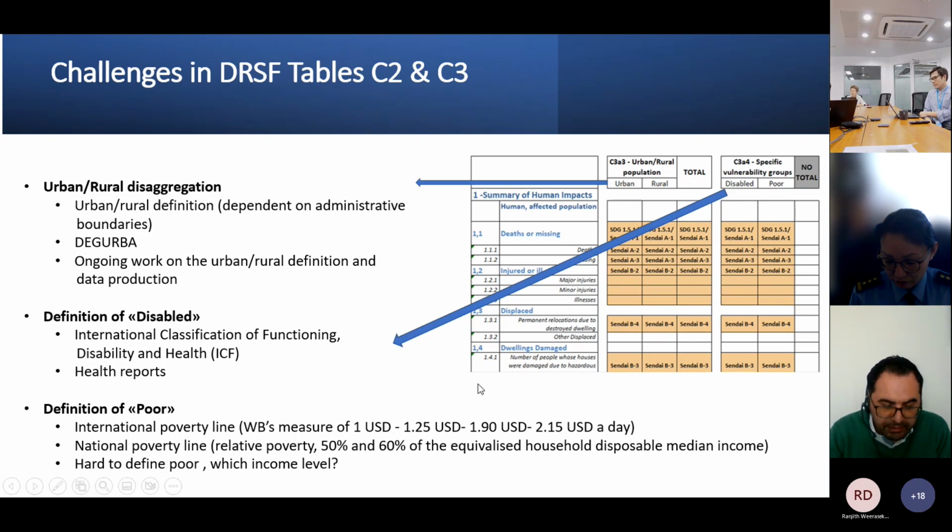Another challenge is the definition of disability, because disability is defined in the International Classification of Functioning, Disability and Health, which focuses on limitations in functions rather than a medical approach, such as organ loss or dysfunctions.